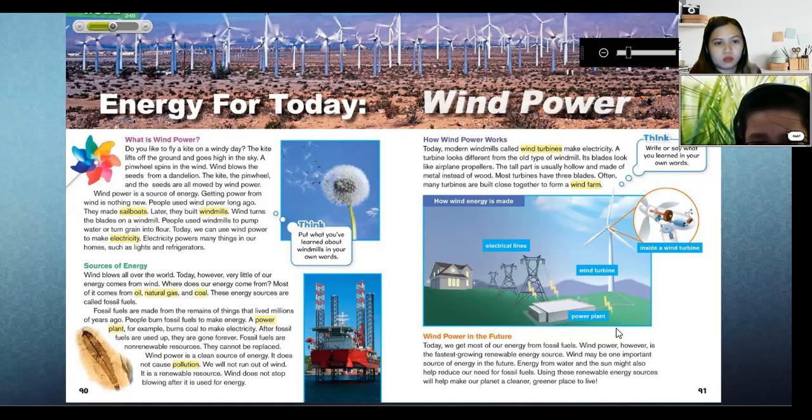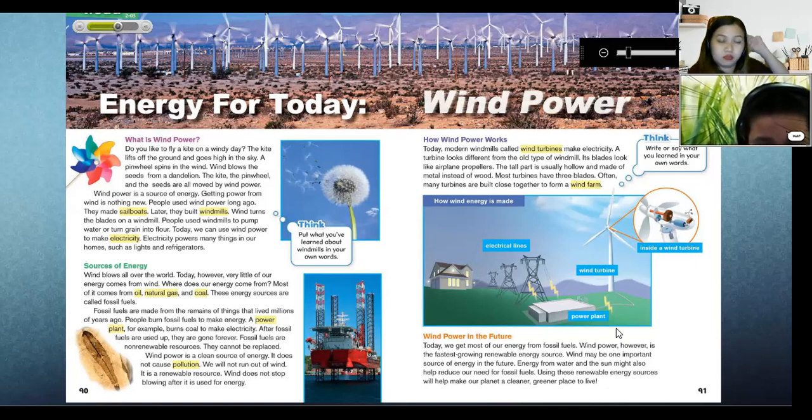People burn fossil fuels to make energy. A power plant, for example, burns coal to make electricity. After fossil fuels are used up, they are gone forever. Fossil fuels are non-renewable resources. They cannot be replaced. Wind power is a clean source of energy.